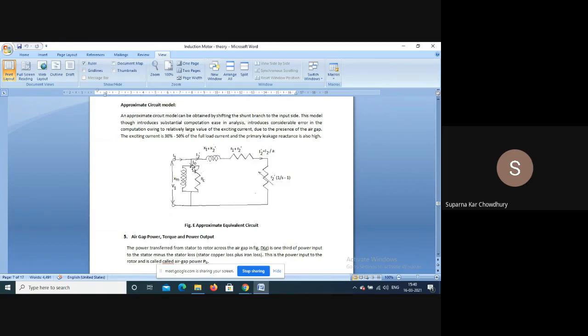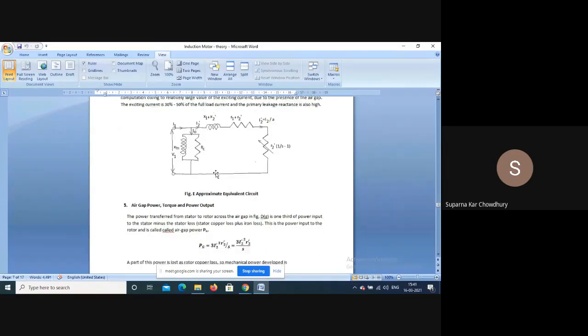But remember that shifting this parallel branch to the input side will introduce quite a lot of error, because I0 is almost 30 to 50% of the full load current. So sometimes for a very approximate calculation we can, but normally we do not; we go for the actual equivalent circuit.